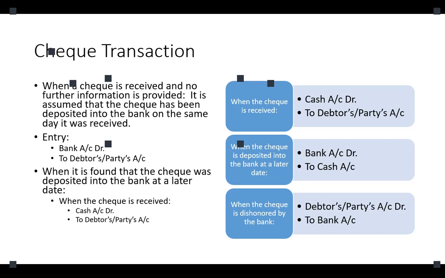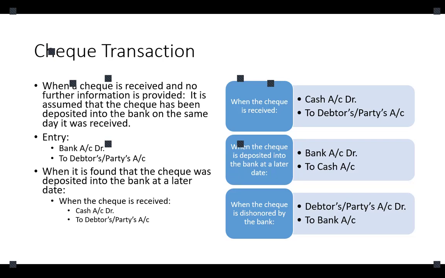Cash account debited to debtors or party's account. This entry should be passed in this scenario. When the check is received, at that time cash account is debited to debtor or party account. But when the check is deposited into the bank at a later date, bank account debited to cash account. Because when you received it, you made the cash account debited. Now you have deposited, so you have to make the cash account credited.